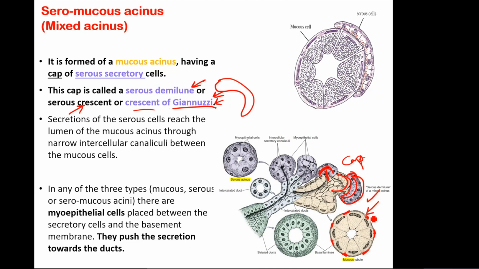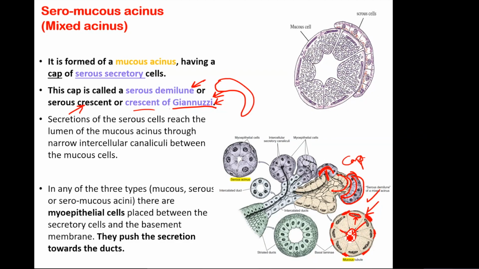So always remember the mucus and everything related to it, including the wide lumen, flat basal nucleus, pale color, and the numerous myoepithelial cells, which we need in large numbers in the mucus, because it needs more force and power to squeeze the mucus into the lumen.